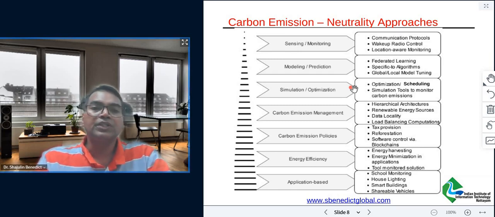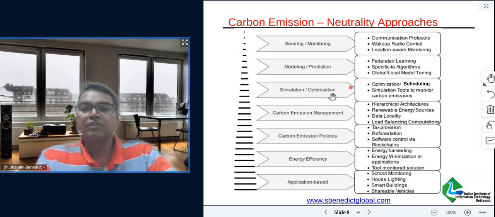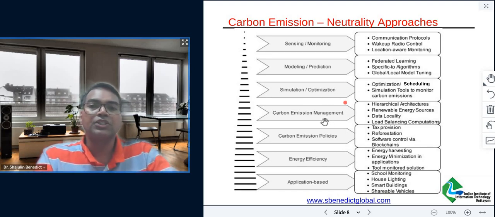Or you may need to create some kind of simulators or optimization tools that can simulate and assess the energy consumption and the carbon emission from a particular IoT enabled application. Say in a healthcare application, when it has to be monitored continually, what would be the energy consumption and the carbon emission. These things could be assessed by simulators or optimization tools.